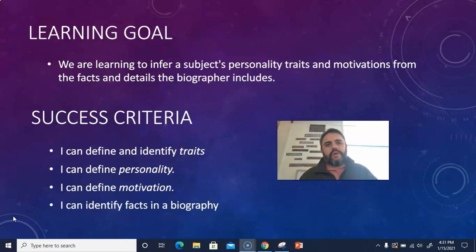Today, they are that I can define and identify traits, I can define personality, I can define motivation, and I can identify facts in a biography. You hit those 4 things along the way, I think we'll wind up right on our goal.